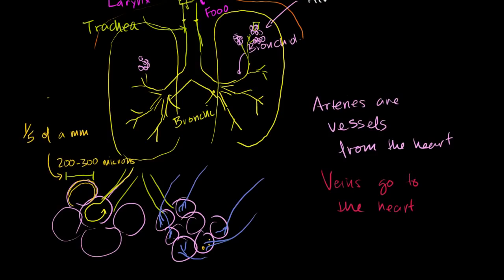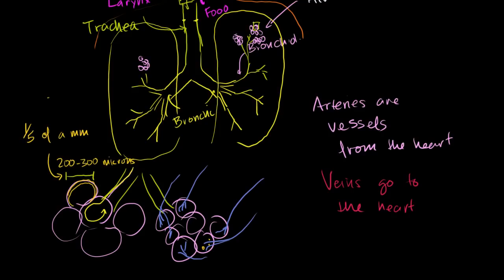I'll do a lot more on that when we talk about hemoglobin and red blood cells. But you just have to realize that there are a lot of capillaries. Capillaries are just super small blood vessels that allow oxygen and carbon dioxide molecules to pass between them. These have a lot of capillaries on them that allow the exchange of gases. So the oxygen can go into this blood.